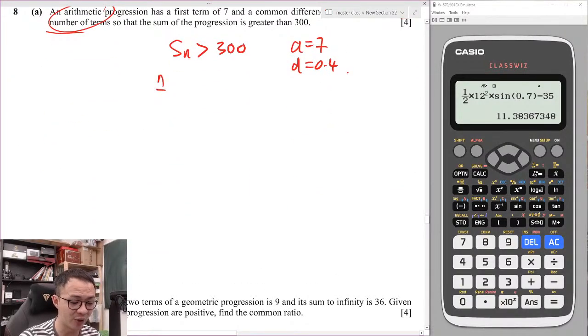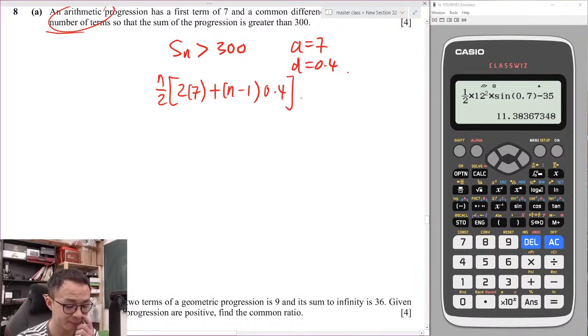So it's just n over 2 times (2a plus (n minus 1)d), which is bigger than 300. Yeah, kind of need to solve it. This is multiplying in again, and you have 0.4 multiply n. I will just multiply. So this one is 7n.